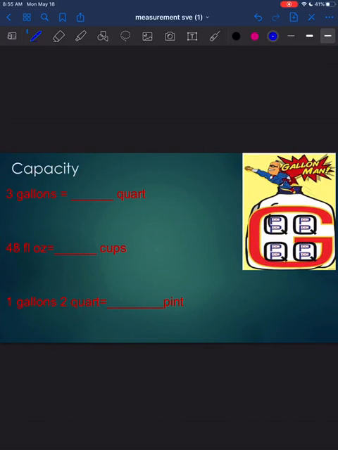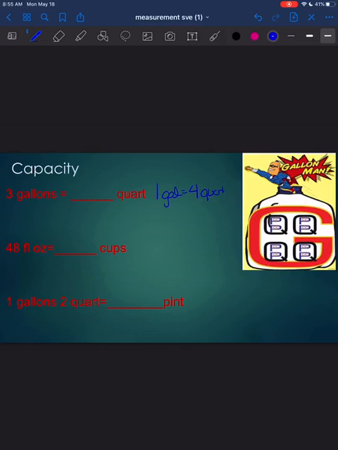All right, so let's look at these three quick problems. I want to know how many quarts are in 3 gallons. Well, looking at my big G, I can tell that 1 gallon is equal to 4 quarts.